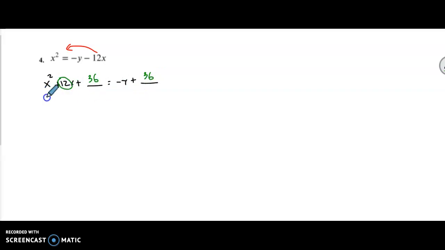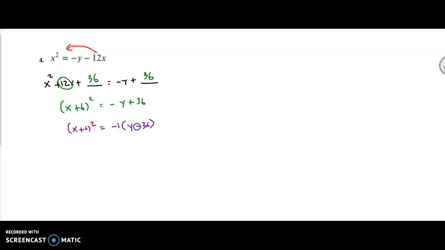Okay. Now the left-hand side, you end up getting x plus 6 and x plus 6, and that's going to be x plus 6 quantity squared. And on the right-hand side, you have -y plus 36. Now, we can't have this as a -y. We're actually going to take out a -1. And so we're going to end up with x plus 6 quantity squared is equal to -1 times y minus 36.